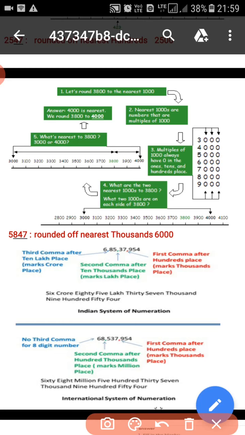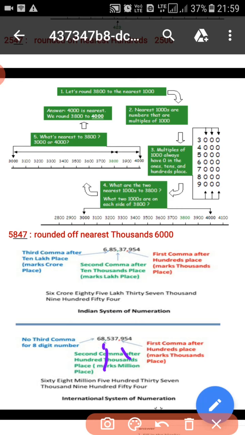But in the international numeration system, we put a comma after every 3 digits from the right. Okay, for example, see, this is a comma after 3 digits, and the next comma is after the next 3 digits. Okay, here there is no third digit for this 8 digit number, so we put the comma here.